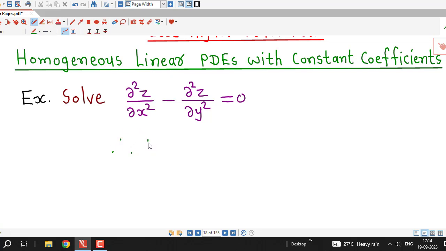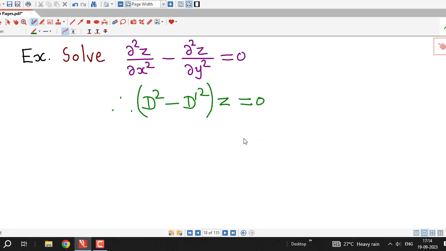Here I have second order derivative with respect to x 2 times, therefore I am writing D square minus, here I have second order derivative with respect to y 2 times, that is D dash square, and z equal to 0. Then we observe that this is a function of two variables D and D dash, and here the degree of each term is constant, it is 2.